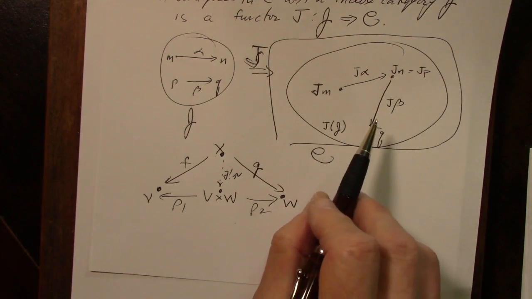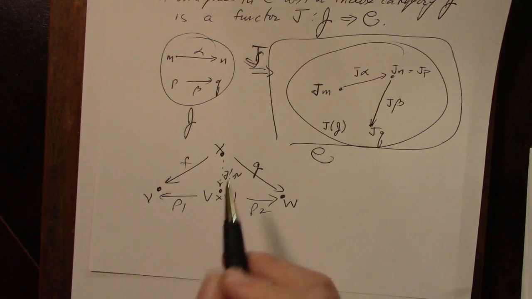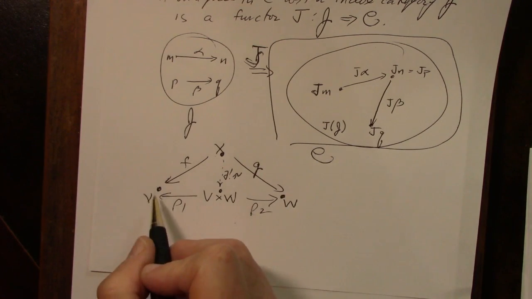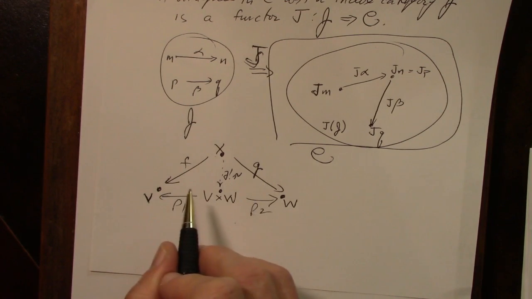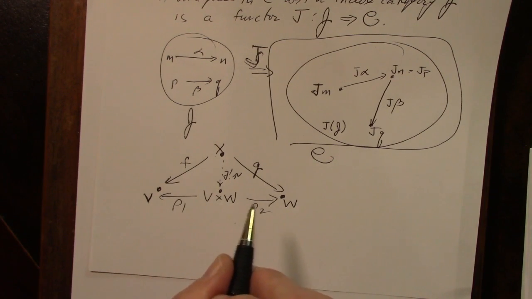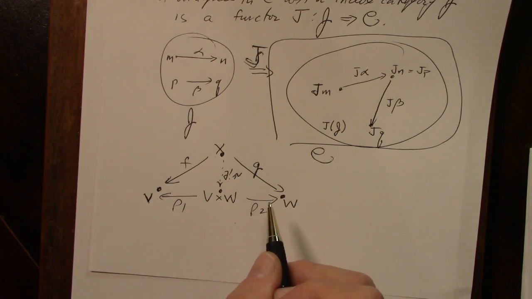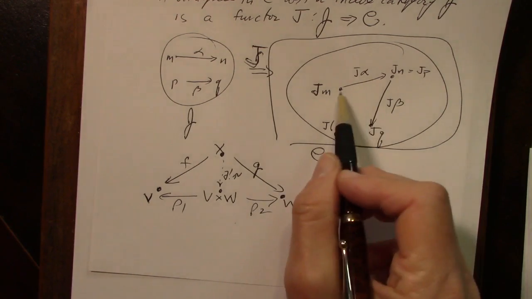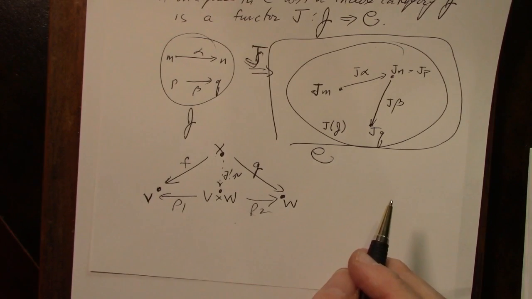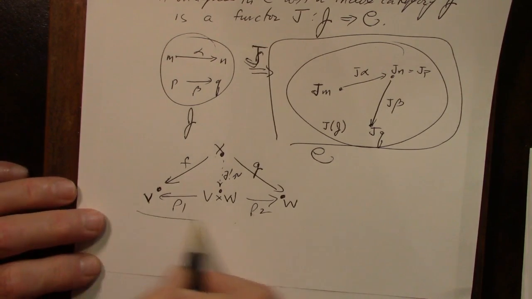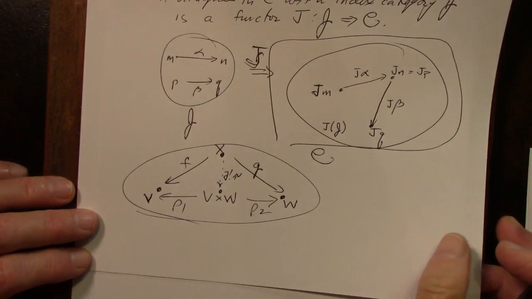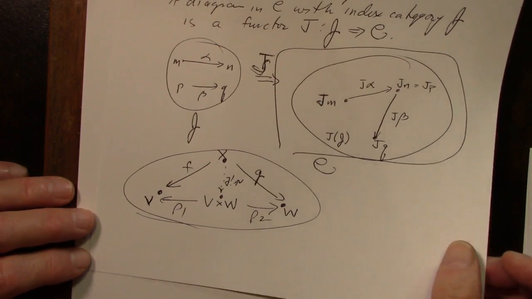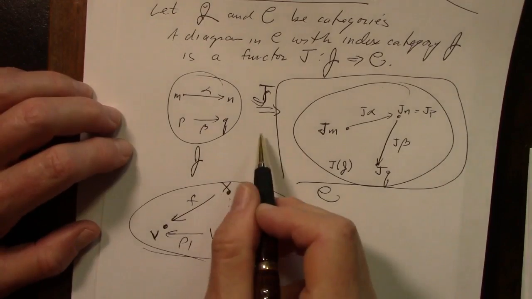We don't really need the index category at all. Once we make a picture, the nodes and the arrows are uniquely identified by their position on the paper, in fact. So we don't need the index category. That's why pictures like this are usually what you see for diagrams rather than pictures like this one up here.